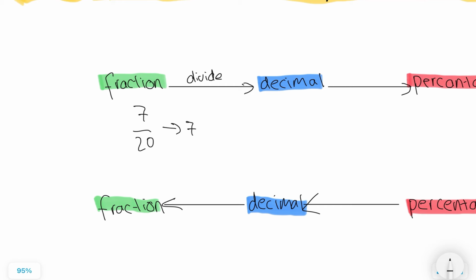So you do 7 divided by 20, and that would give you 0.35, and that's your decimal. So in order to convert a fraction to a decimal, all you have to remember is divide the top number by the bottom number, the numerator by the denominator, and it will give you your decimal.